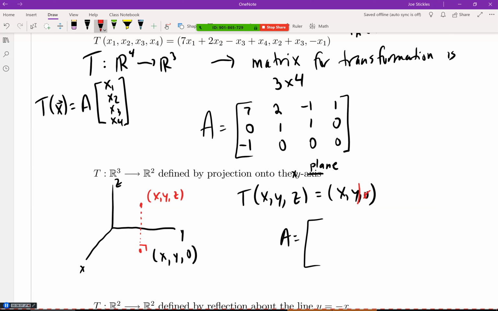So if I'm going from R3 to R2, then I'm going to have a 2 by 3 matrix. The first component is going to be what? Well, there's 1 x, no y's, and no z's. And the second component will be no x, 1 y, no z's.